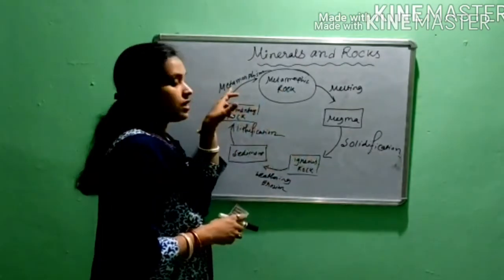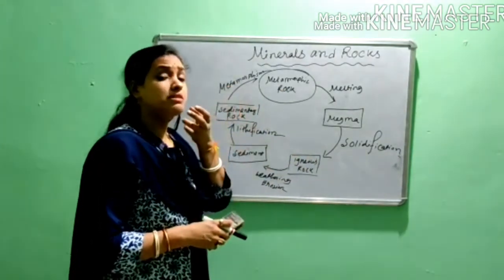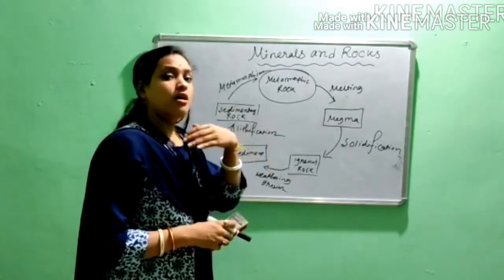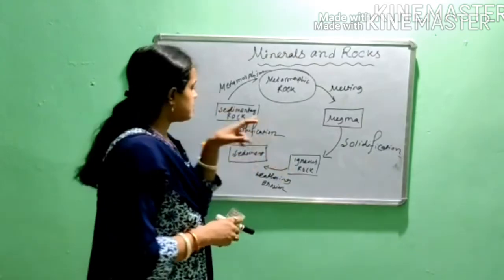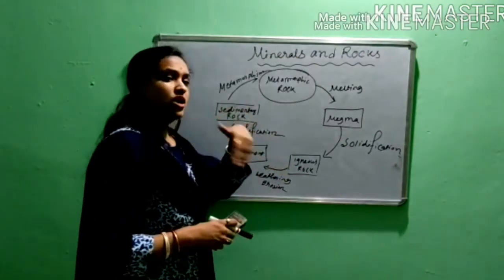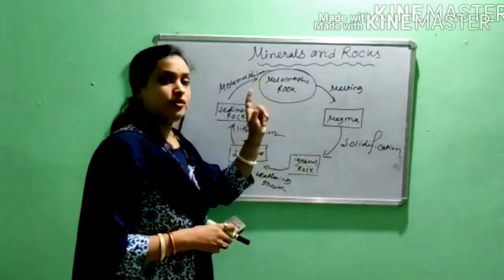So here we write the process is known as metamorphism. Metamorphism means pressure, volume and temperature. So through this process, sedimentary rock transforms into another rock known as metamorphic rock.